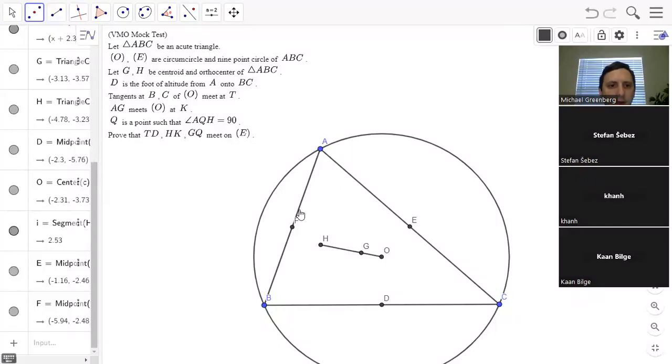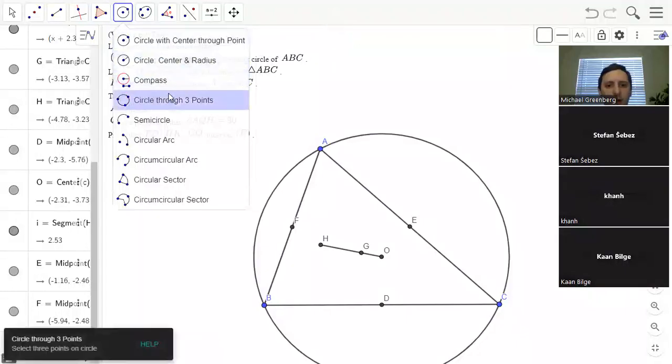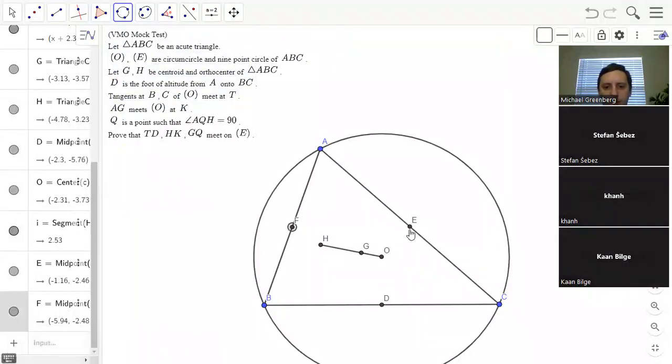Okay, D is the foot of the altitude from A to BC. Okay, so it's probably, yeah, I'll draw the 9-point circle right now just to make it easier to draw the rest.